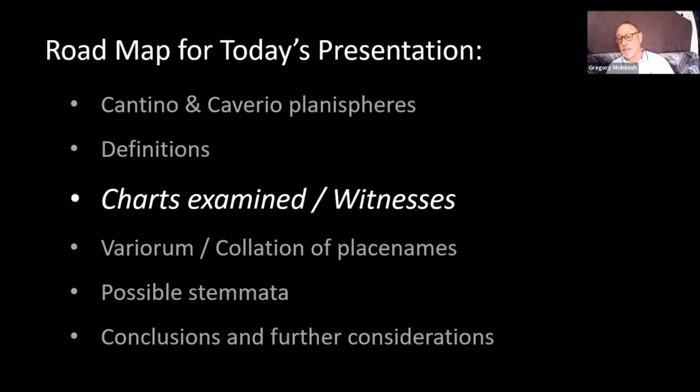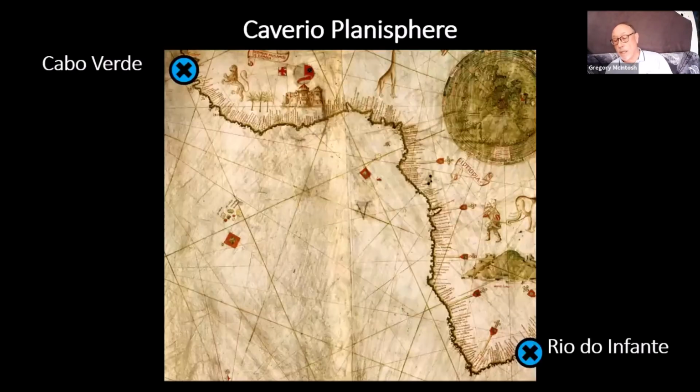Look now at the charts that I examined. The coast of Africa from Cabo Verde to Rio do Infante in South Africa is a region, cartographically speaking, that is fairly stable in its depiction and place nomenclature. The Portuguese began bestowing their new place names in the middle of the 15th century and continued to the end of the century. We have some charts from the period.